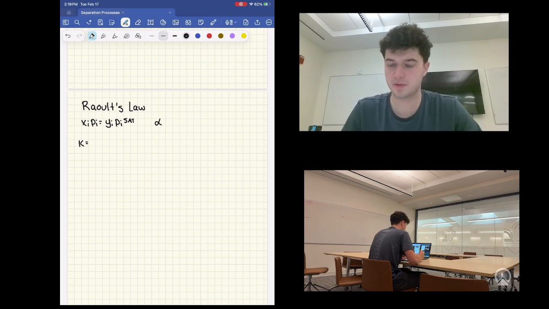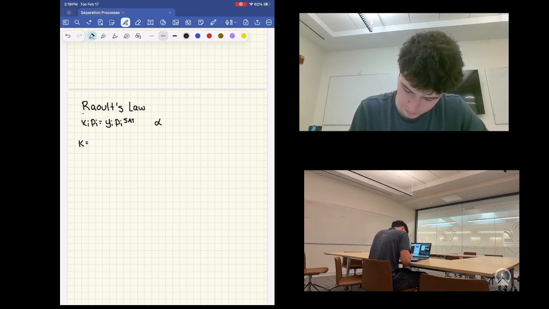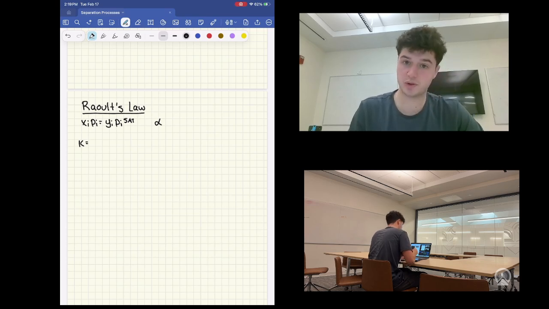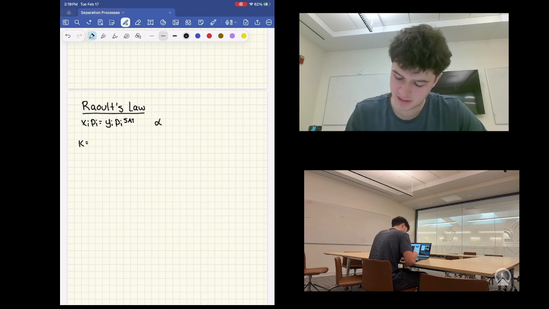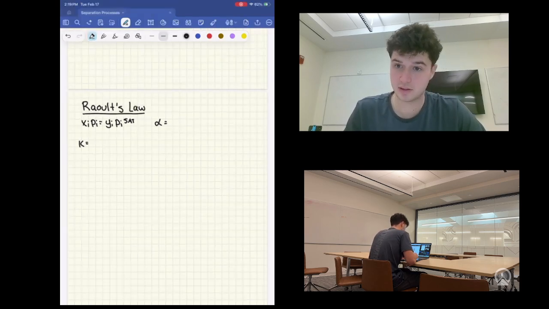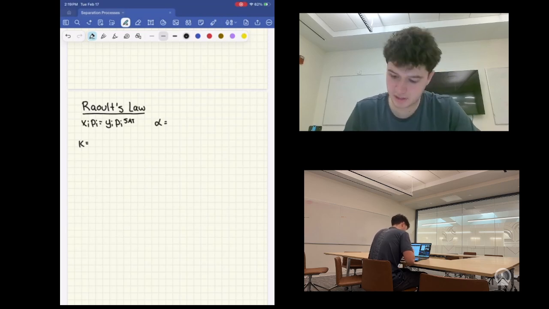So, as you can see at the top of here, we have Raoult's law. And the Raoult's law equation is right below, which is going to be xi Pi equals yi Pi sat. And now this right here is going to be equal to, sorry, I lost my train of thought. Oops, sorry.